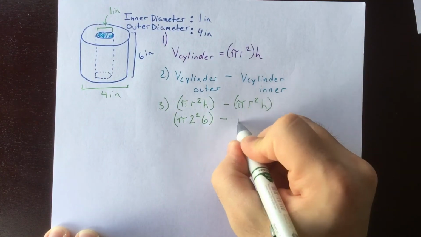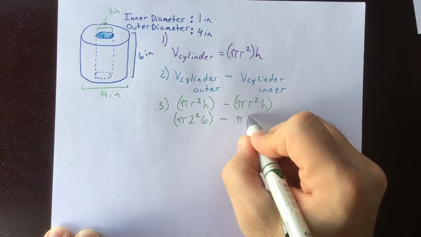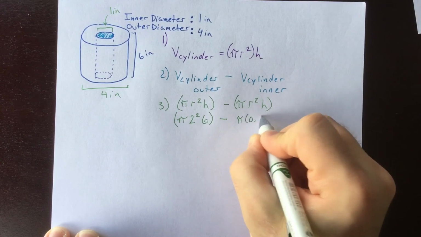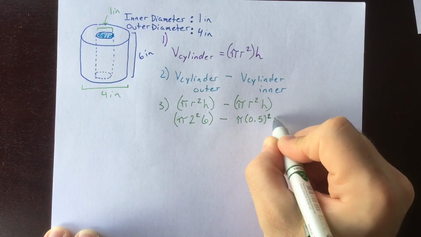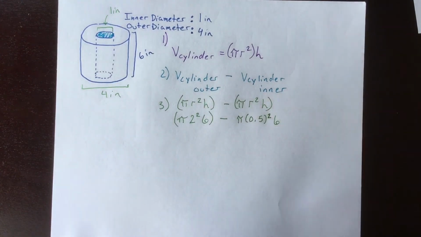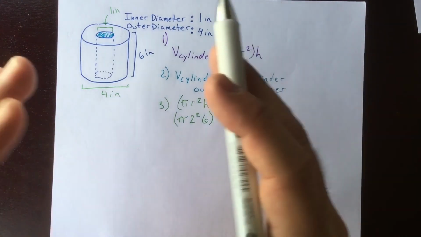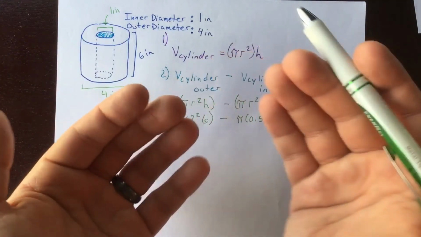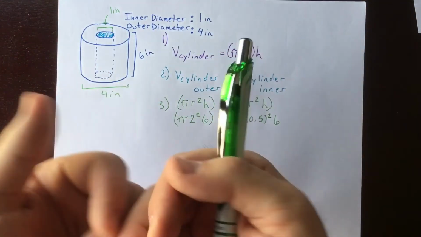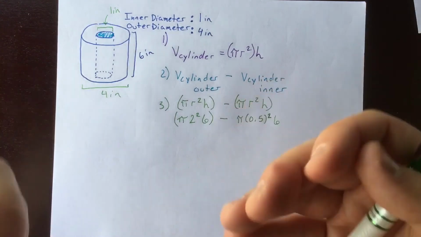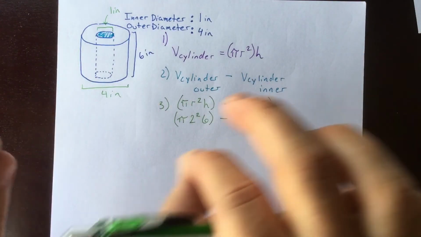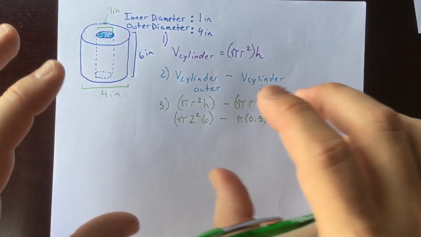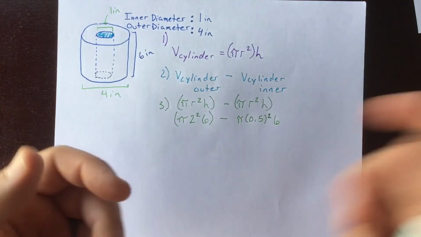So the radius would be, yes, 0.5 or 1/2, and then multiplied by our height. Okay? So do not put a diameter into a volume formula without dividing it by 2. I cannot think of any volume formula that uses the diameter. Most of our formulas involving circles use the radius.